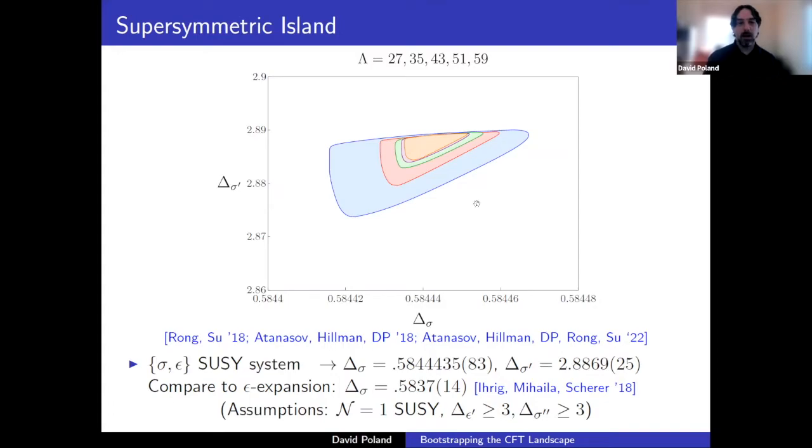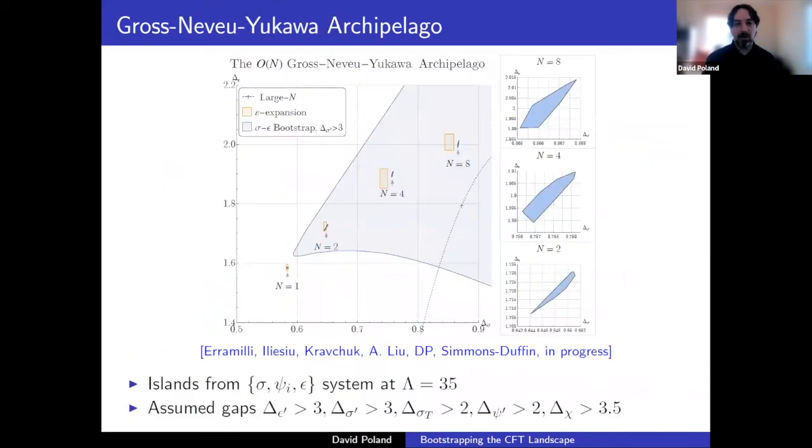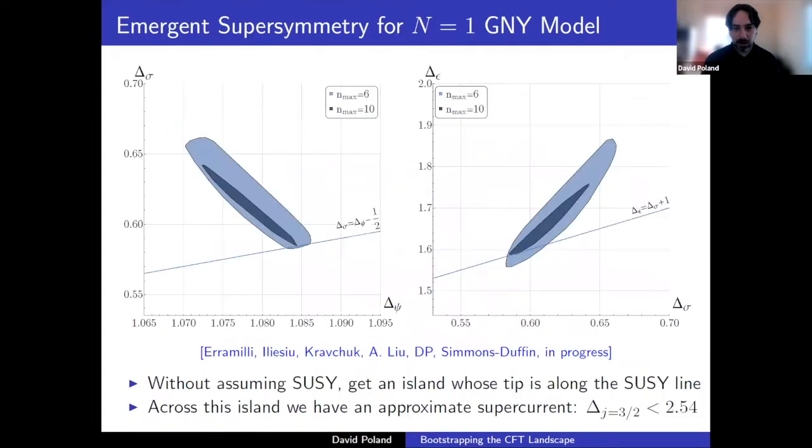In this other approach, which we did not push very far, you don't assume SUSY in the bootstrap, but you do assume these kinds of gap assumptions in the spectrum that I've assumed for the other GNY models. Then you get some island which is bigger, but it's compatible with supersymmetry, and you can see that there's approximate SUSY everywhere in this island.